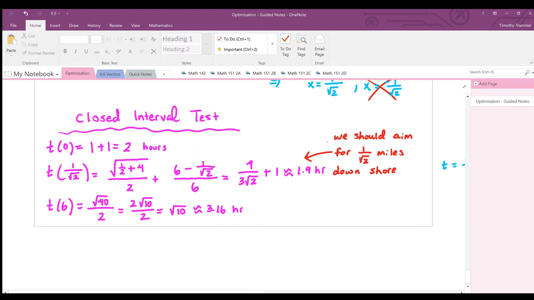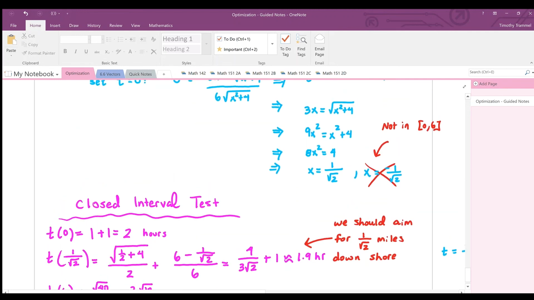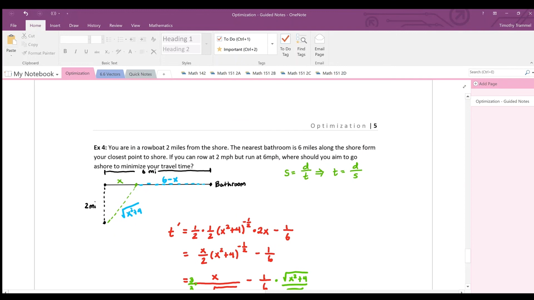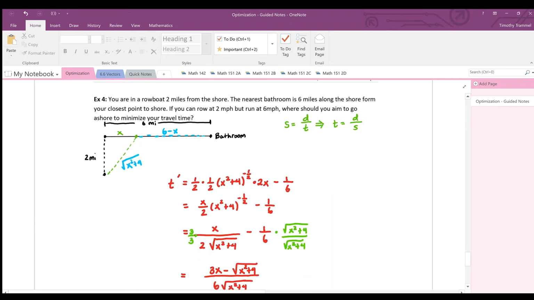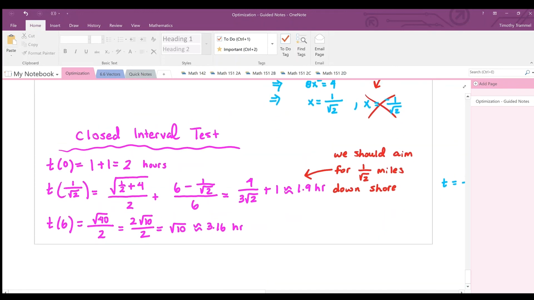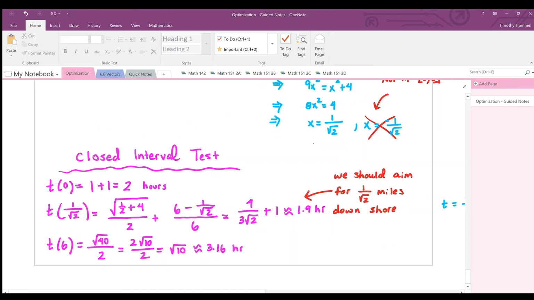That's what we were trying to answer. And remember, let's go double check. It says, if you can row 2 miles per hour but run at 6 miles per hour, where should you aim to go ashore to minimize your travel time? And so we have determined where to aim. Box our answer here. All right, and that is it.